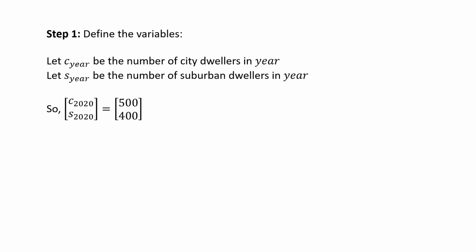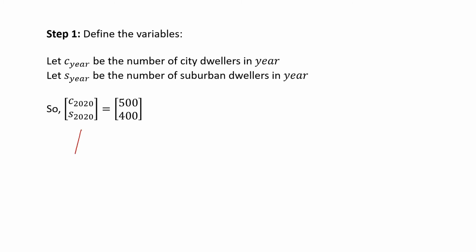So again, we are going to start the first step with define the variables. Again, I can't encourage you enough to write out what your variables are for any of these problems. We're going to say let C, where the subscript is the year, be the number of city dwellers in a given year, and S, with a subscript of the year, be the number of suburban dwellers in a given year.